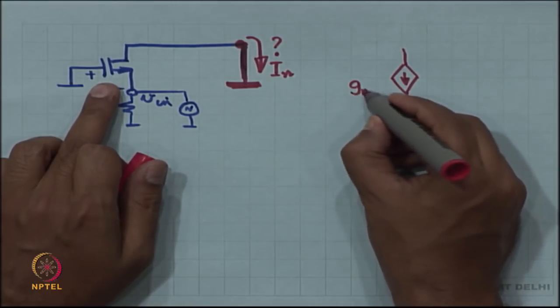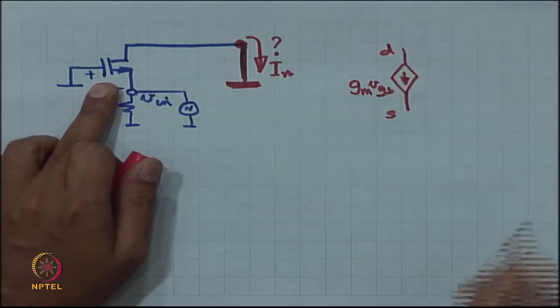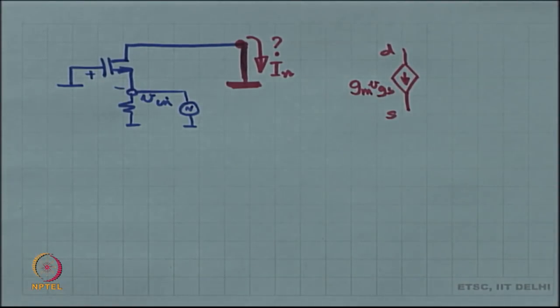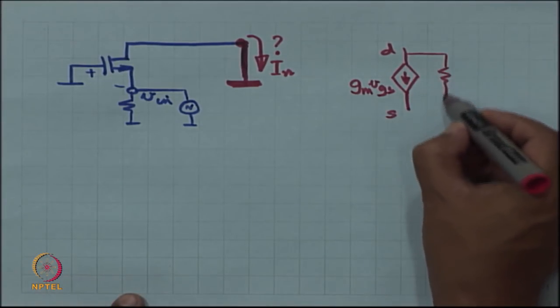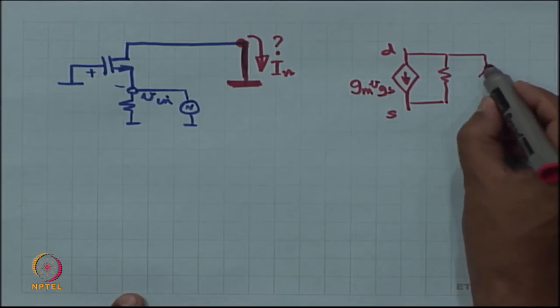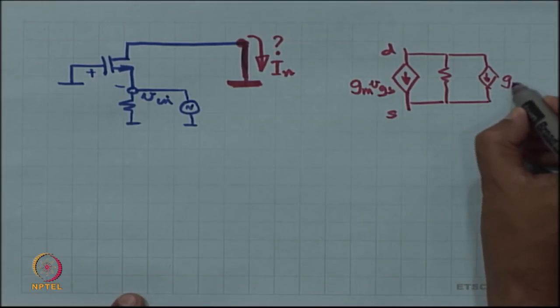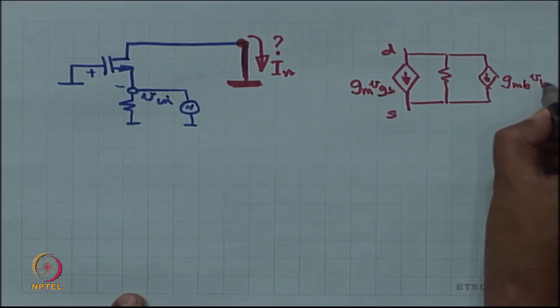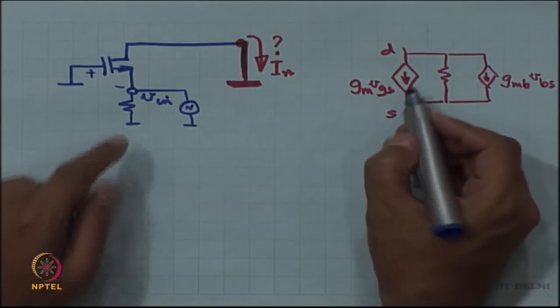There is GM VGS between source and drain. There is also an RDS, and there is also one more, GMB VBS. So, there are these 3 elements inside the MOSFET. Now, let us take care of them one by one.